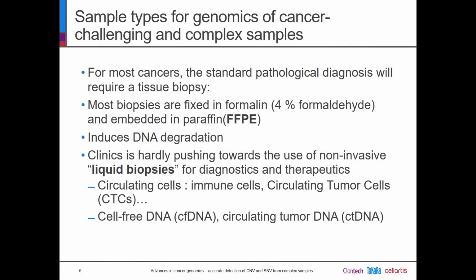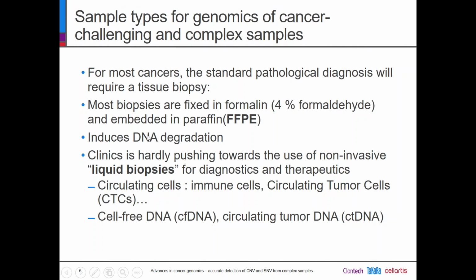And tissue biopsies mostly are getting fixed, those so-called FFPE samples. And of course, this leads to DNA degradation, chemical modification of the DNA. And this is an example of a challenging DNA sample, as we say.